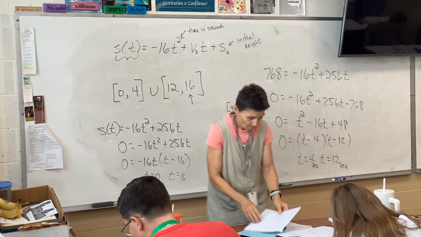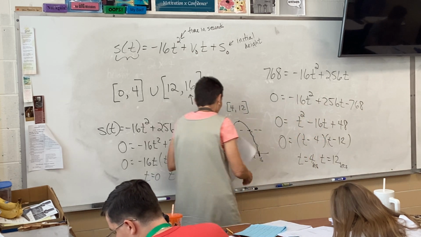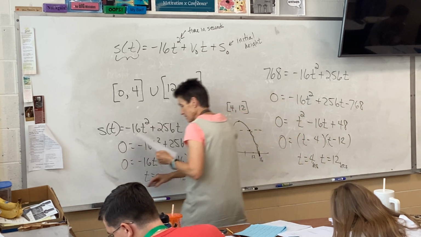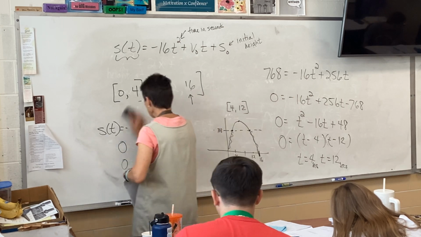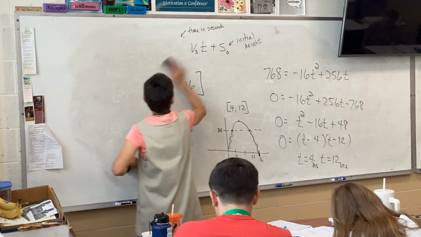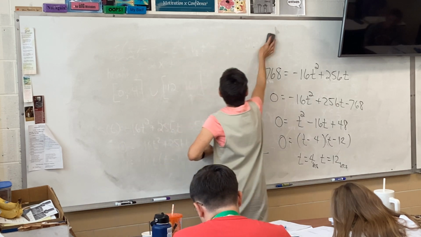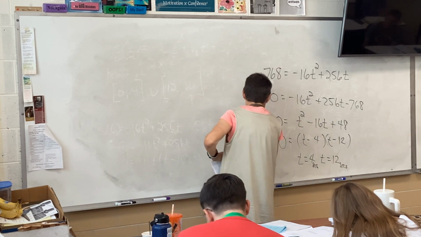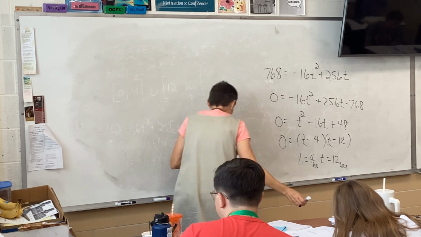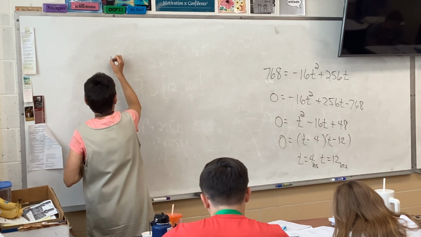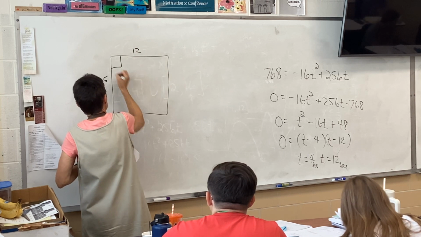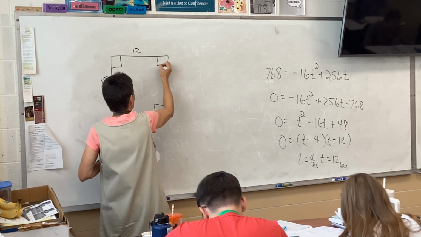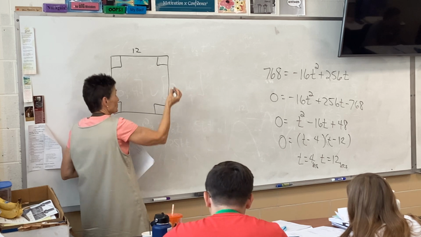So here we go. We have a piece of paper that is 12 by 15. We have cut the corners out just like you just did. You don't know how big they are, so we'll call them x.